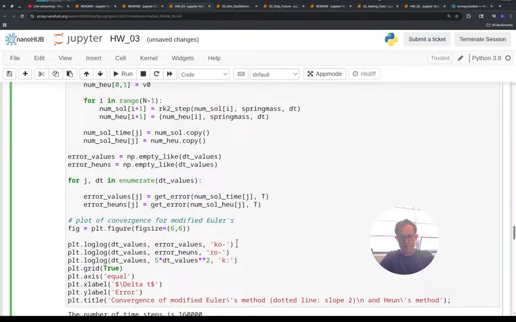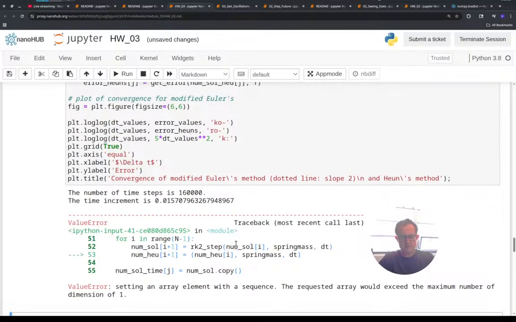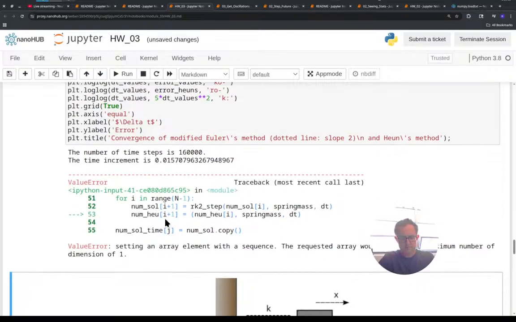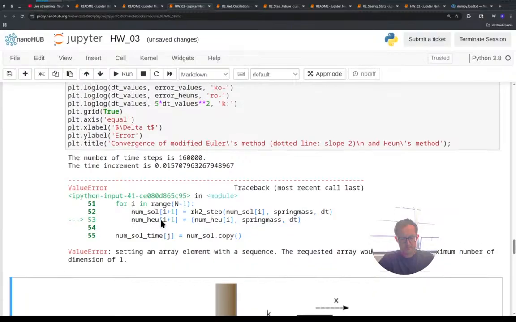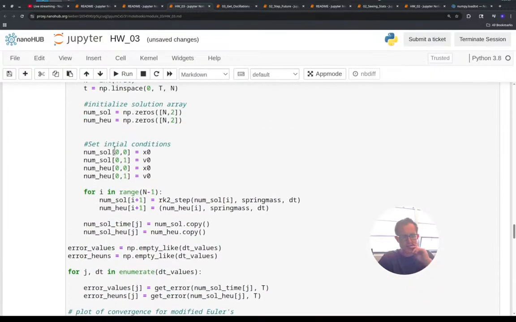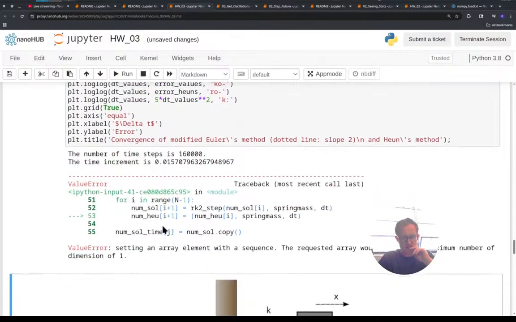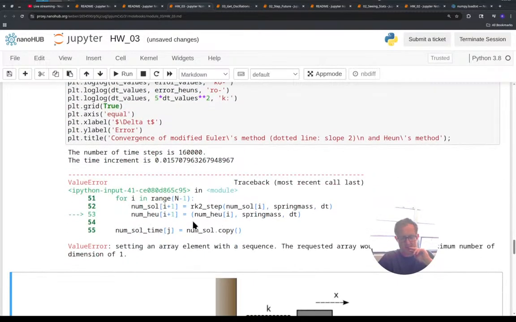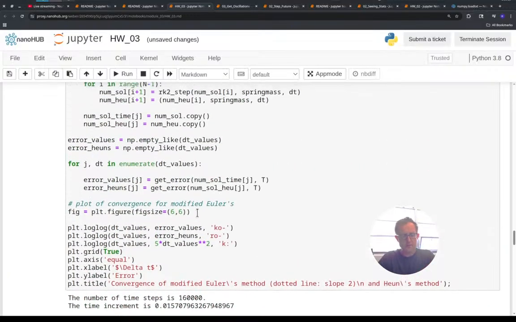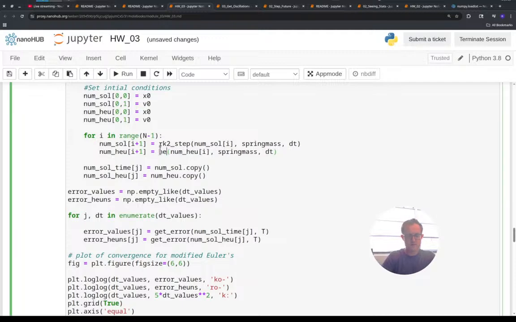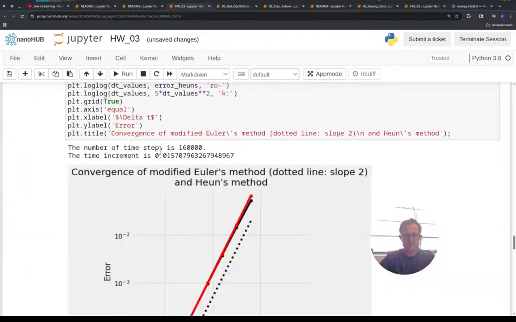Let's make that one red. So I forgot to initialize something along here, right? Oh, I forgot to give it this Hune step.